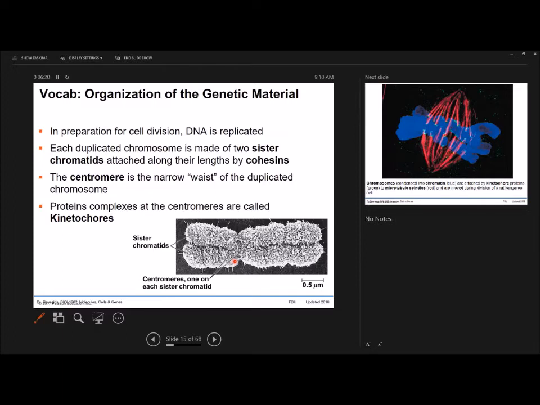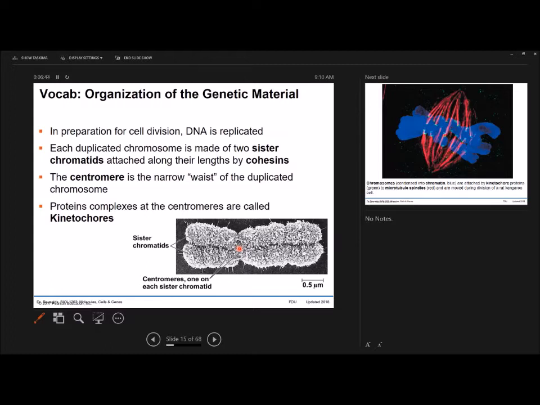Another group of proteins is found at these centromeres, and they're called kinetochores. When you see that kinet, K-I-N-E-T, what word does that make you think of? Like kinetic energy, right? Which is like active, moving energy.